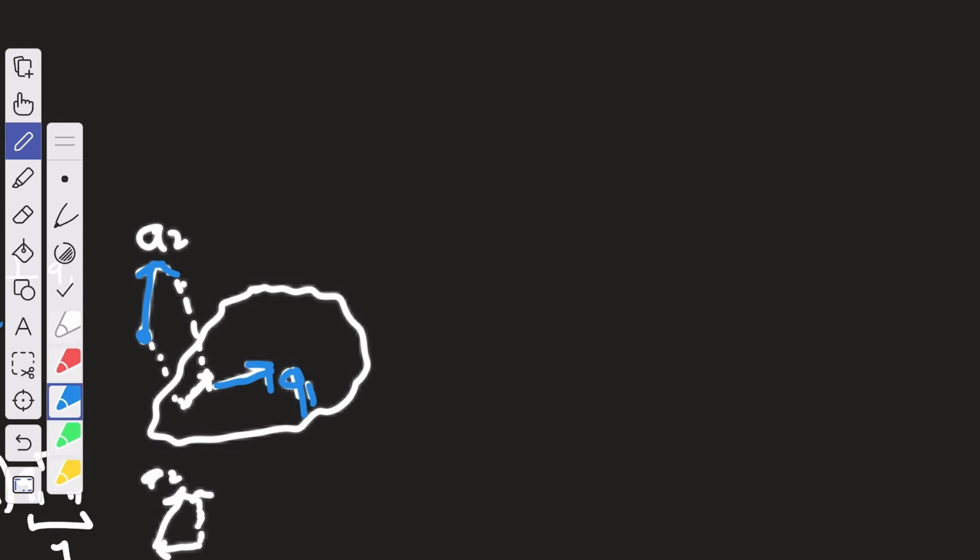So one way of doing that is by projecting a2 onto the space, and you get this vector. The procedure is telling you that to get a vector that is orthogonal to q1, all you have to do is take the a2 vector and subtract from it its projection.